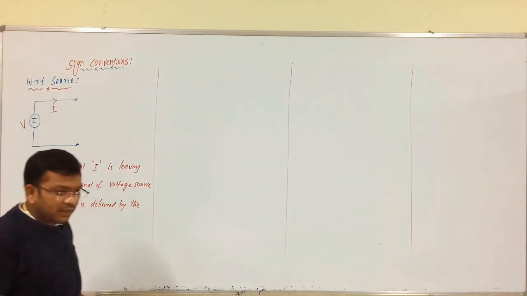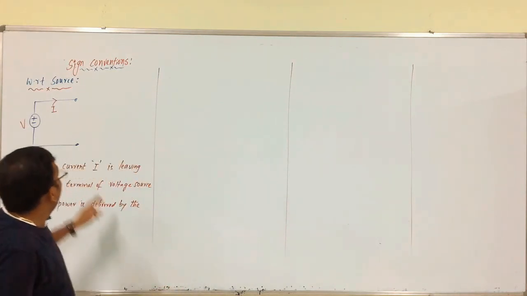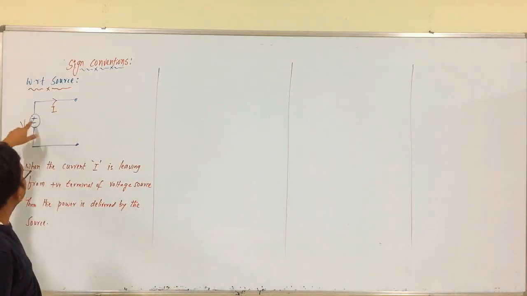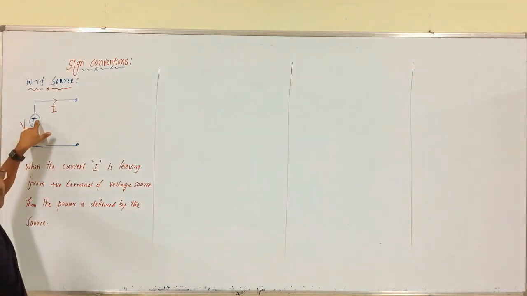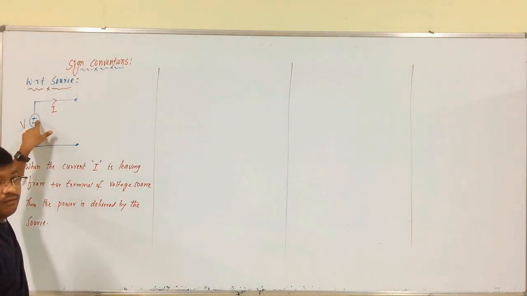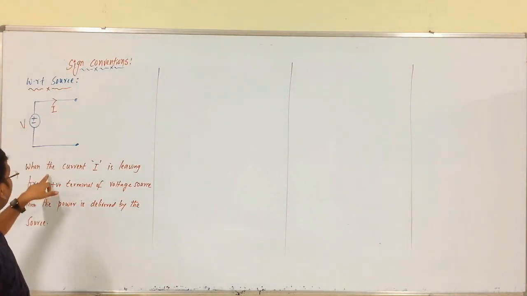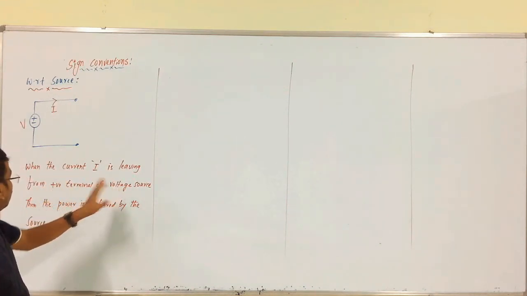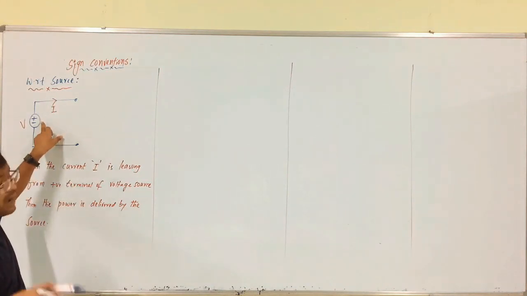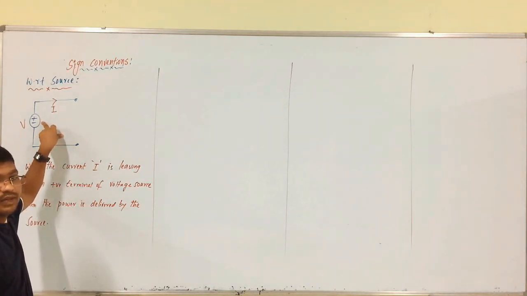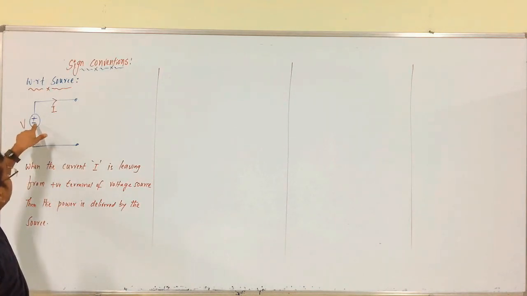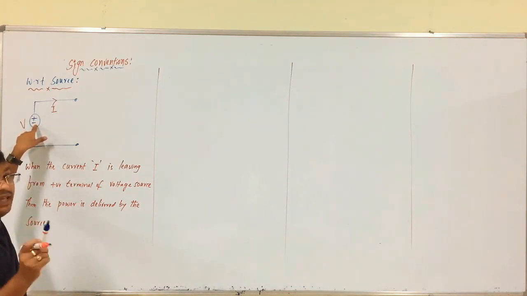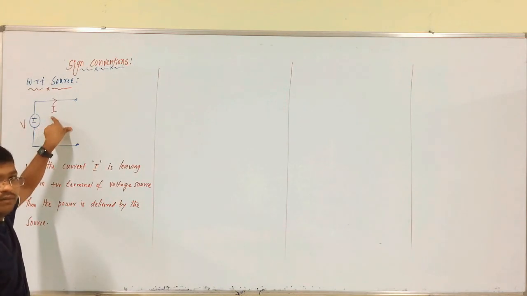We are talking with respect to source. So, when the current is leaving from the positive terminal of the voltage source, then the power is delivered by the source. When the power is delivered by the source, it means the current is entering from the negative terminal and leaving from the positive terminal. That is the meaning.